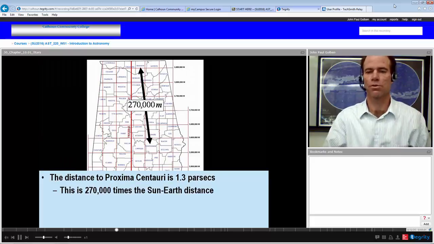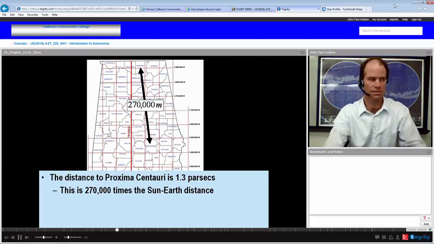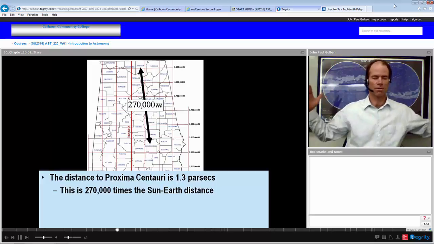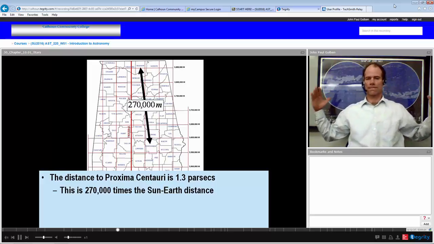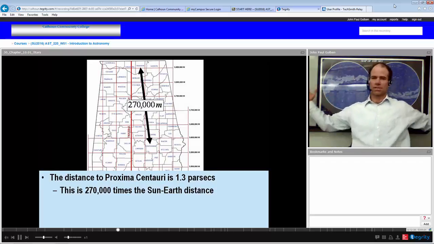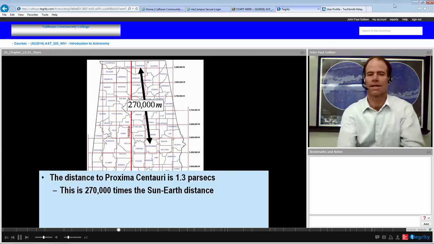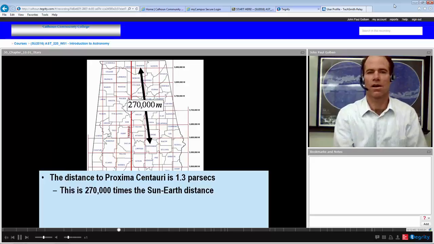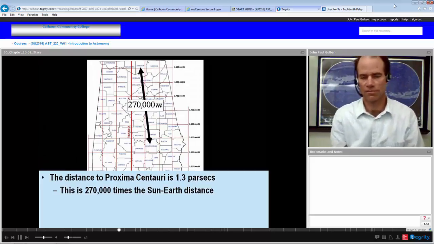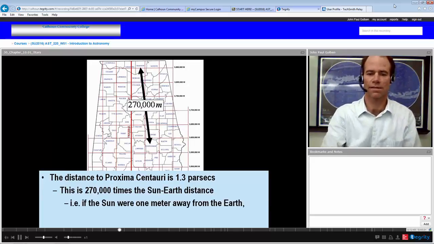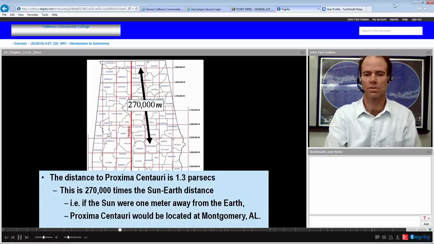So if you were to measure the Earth-Sun distance on a scale of, say, about 1 meter, which would be about this far, then our next nearest star after the sun would be located 270,000 meters away, which would be down in Montgomery, Alabama.